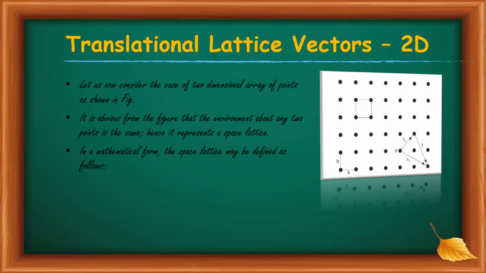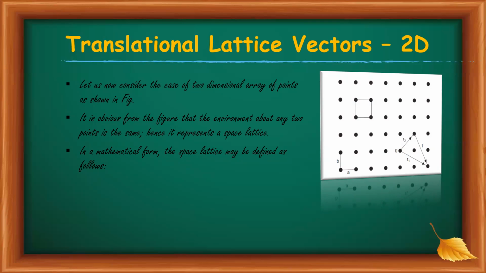We can represent this lattice in terms of these parameters. Look at the figure here. The distance between two consecutive points in the y direction is termed b, and the distance between consecutive points in the x direction is termed a.